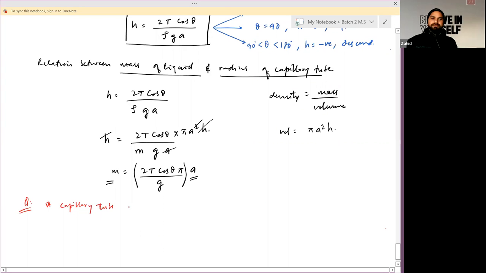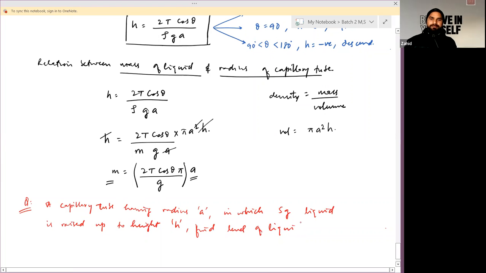A capillary tube having a radius A, in which 5 gram liquid rises to height H. Find the level of liquid and mass if the radius of the tube becomes A by 2.